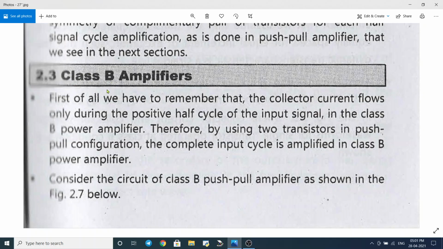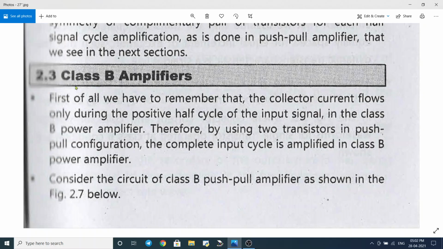In class B amplifier, the collector current flows for half cycle of the input signal. In class AB amplifier, the collector current flows for more than half cycle of the input signal. And in class C amplifier, the collector current flows for how much? Less than half cycle of the input signal.